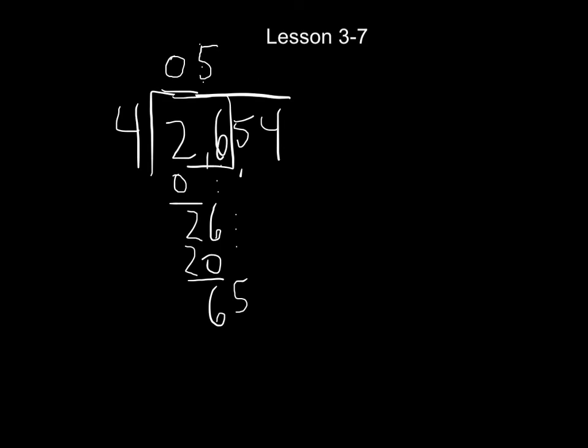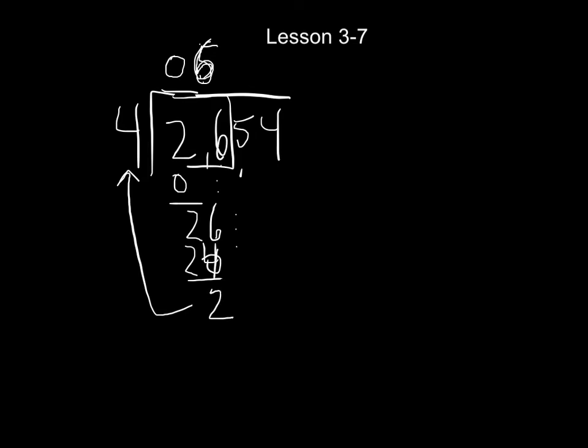So what you need to realize here is that when you have 6 left over, this number is still higher than the 4 from the divisor. So that tells you I could go up at least one more time. So say I do 6 instead. If I do 6 instead of 5, 6 times 4 is 24, and that gives me not 6 left over, it gives me a 2 left over.